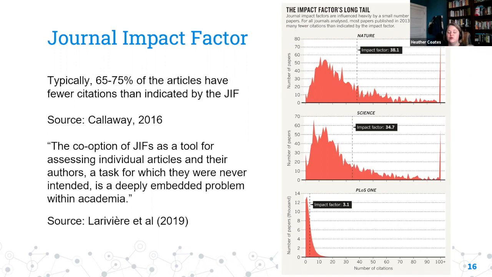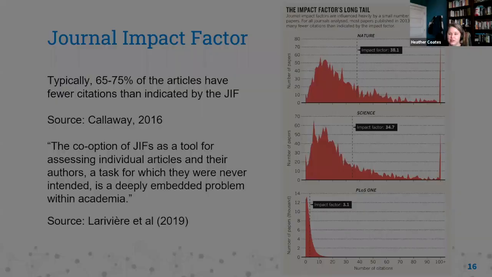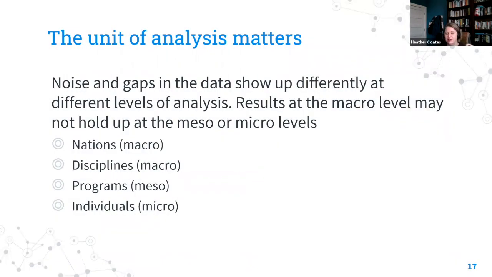These graphs also demonstrate how skewed the distribution of citations is, another way in which the data are non-normal. The bibliometrics data are really weird in lots of interesting ways that have impact for metrics. We also know from the literature that the unit of analysis matters.